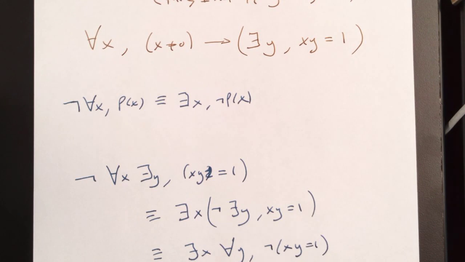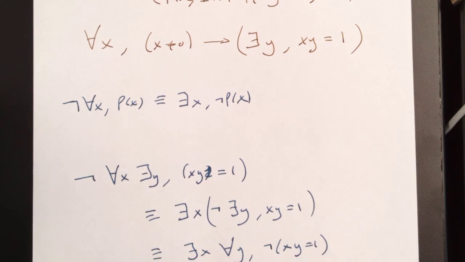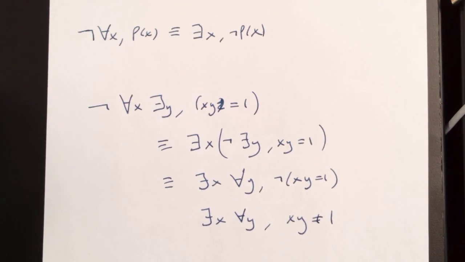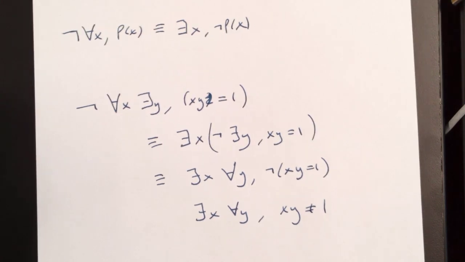You won't often see not xy equals 1. More often, you'll see that. We will negate the actual math instead. What does it say? There is some number, no matter what you multiply it by, you never get 1.